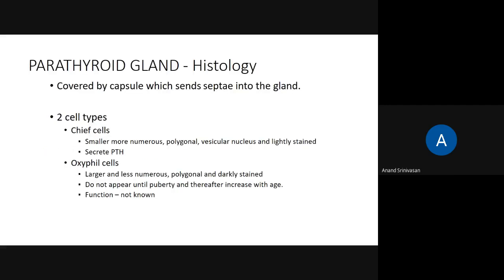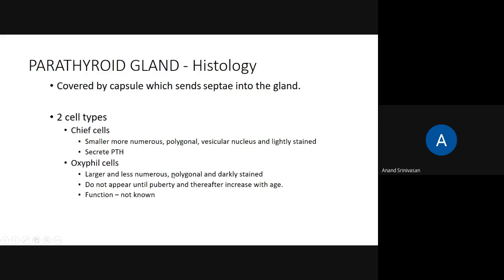All right, coming to the next one, the histological features. The parathyroid gland has two different cell types. One is the chief cells, which secrete parathyroid hormone, and the other one is the oxyphil cells.